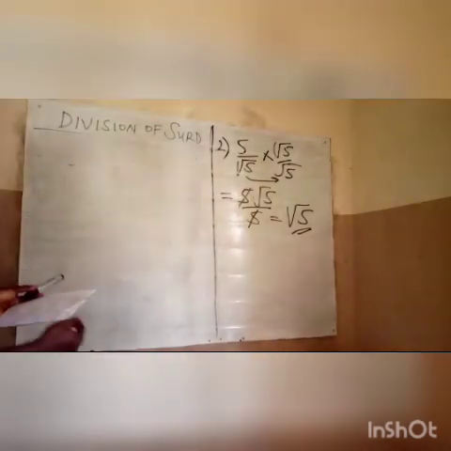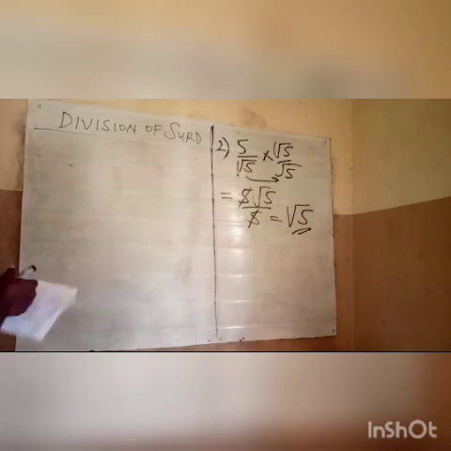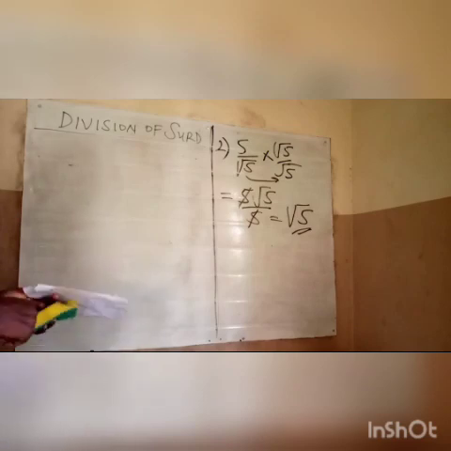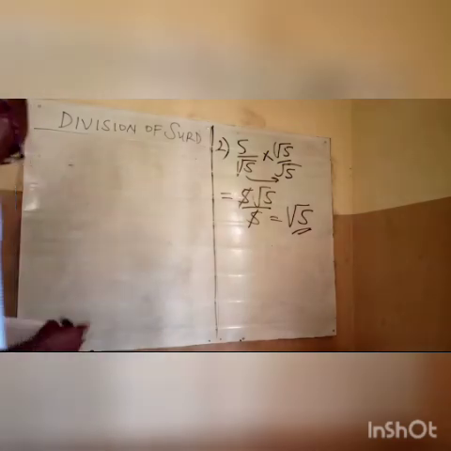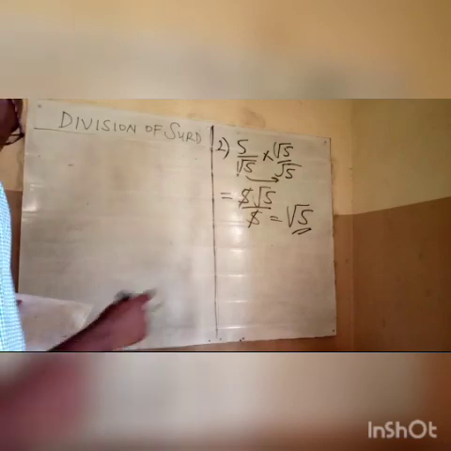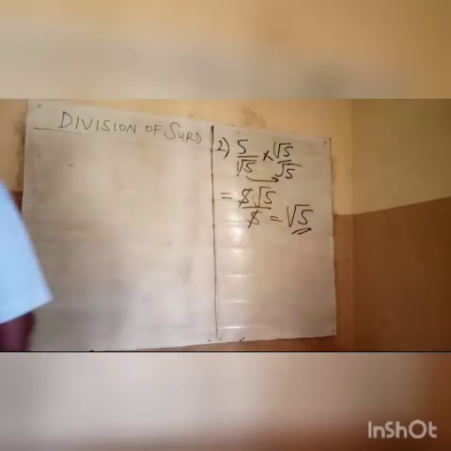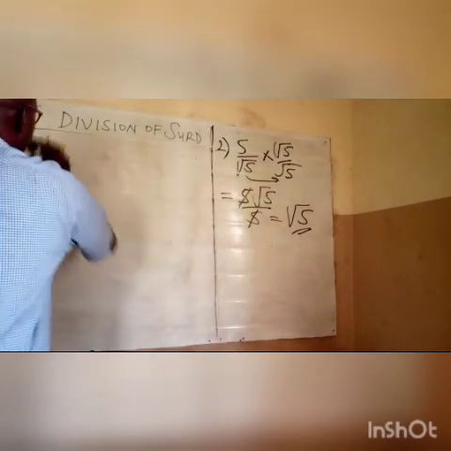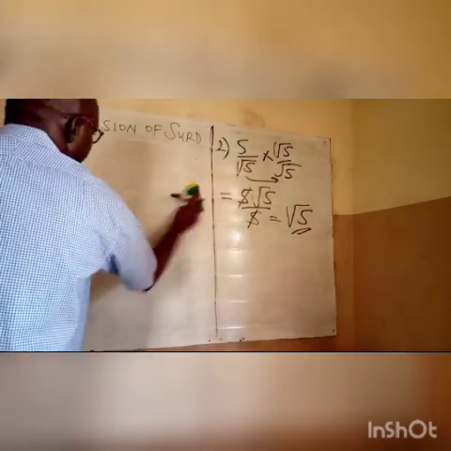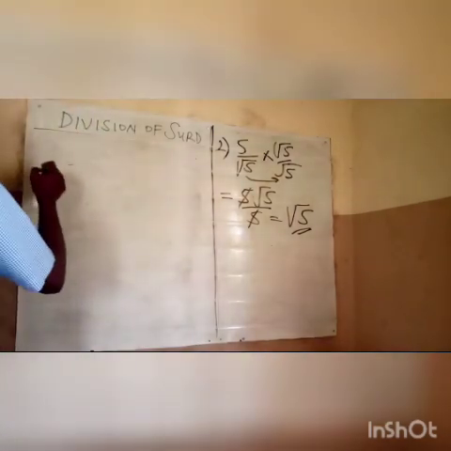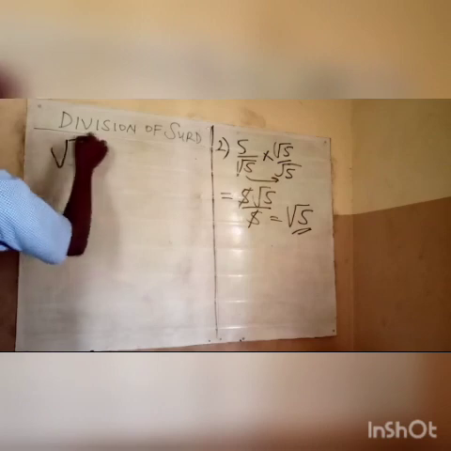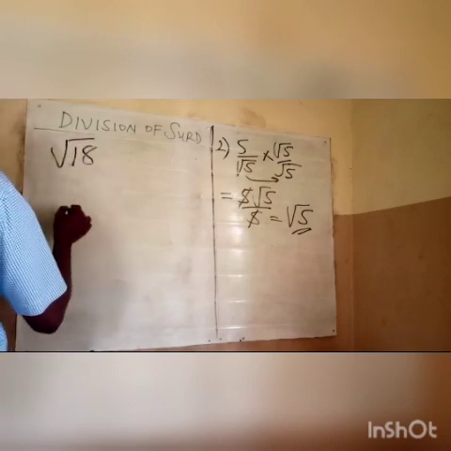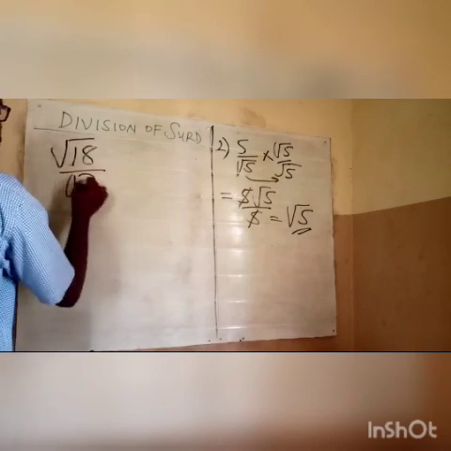Anytime they give you a root with division, that is division of surds, you first of all simplify before you rationalize. Simplify whenever possible before you rationalize. You have root 18 over root 2.